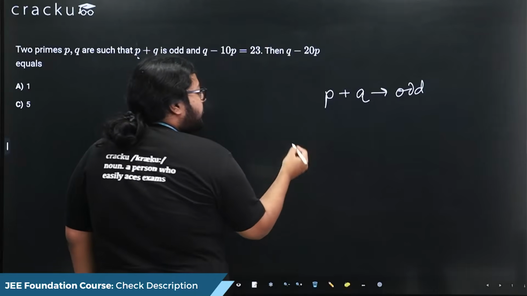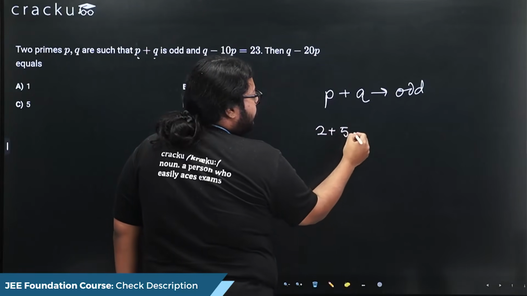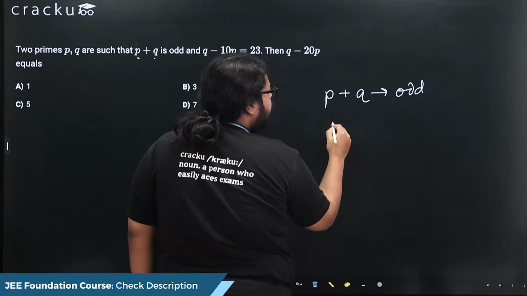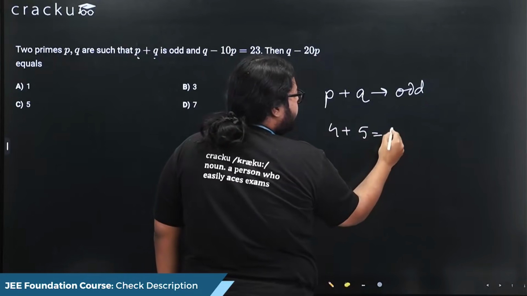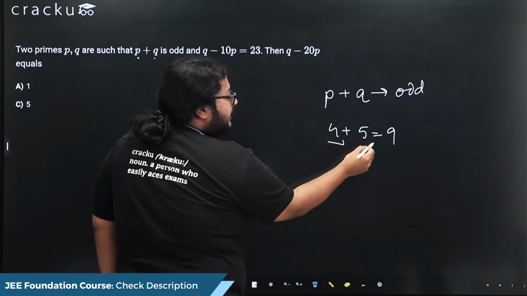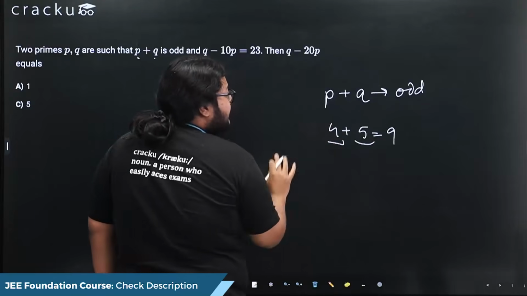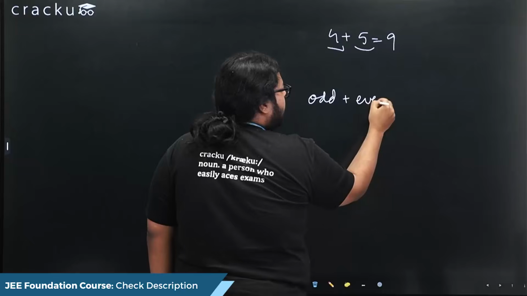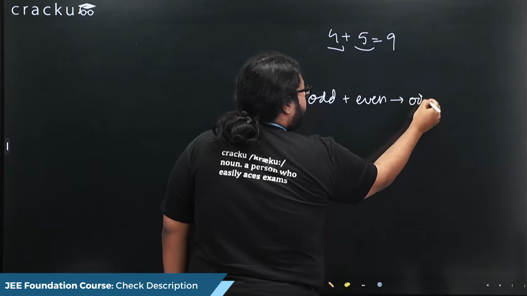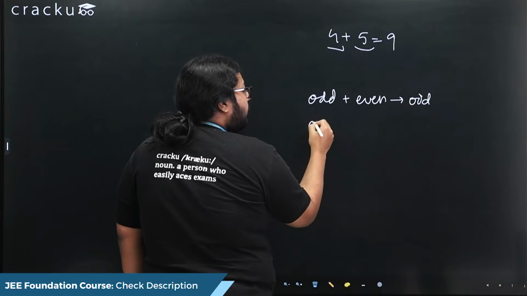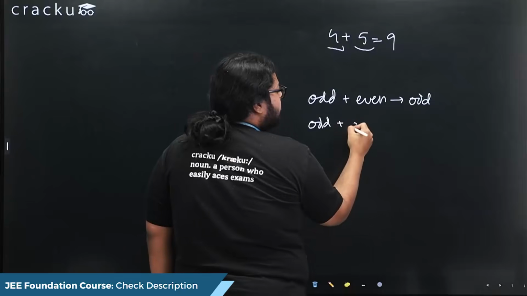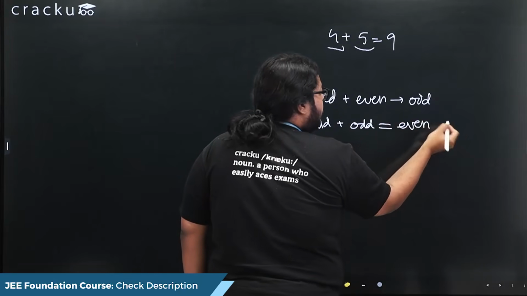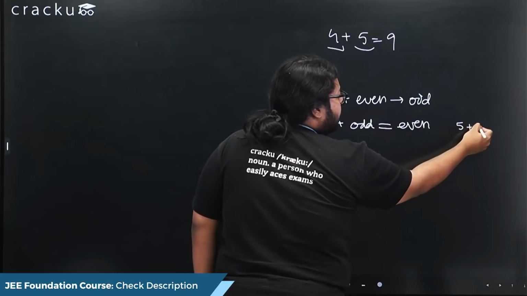Right? I can have something like 2 plus 5. This gives me 7. I can have something like 4 plus 5. This gives me 9. Because this is even, this is odd. Odd plus even gives me an odd. If I have two odd numbers, then this is always even, like say 5 plus 3 is 8.